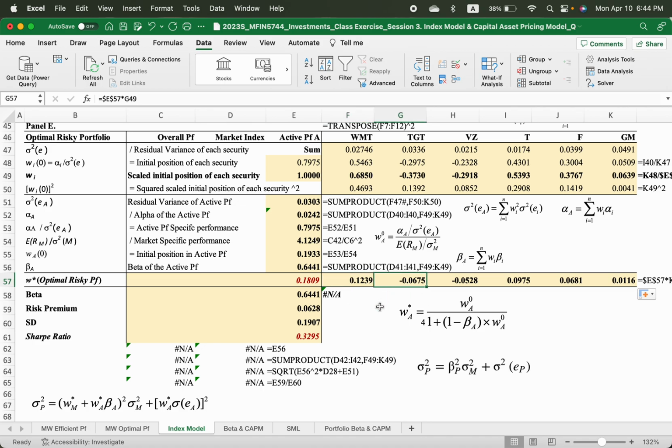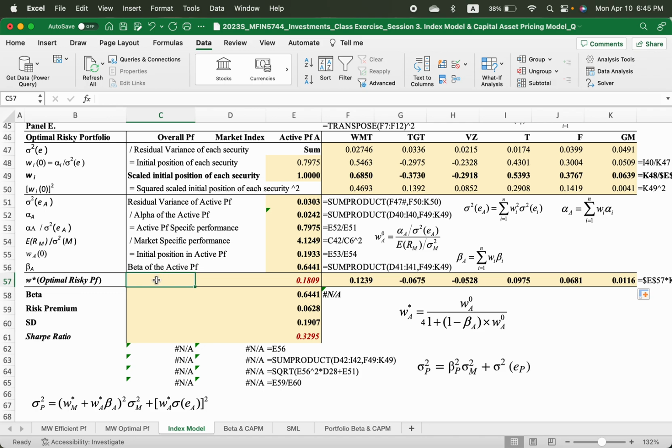And Target and Verizon are short sold. And we invest 9.7% of the total weight in GM, and 46.8%, 1.16%. So that we can achieve this Sharpe ratio, 32%, with the combination of the risk premium of this active portfolio, 6.28, and the 19.07% standard deviation. You guys understand, right?